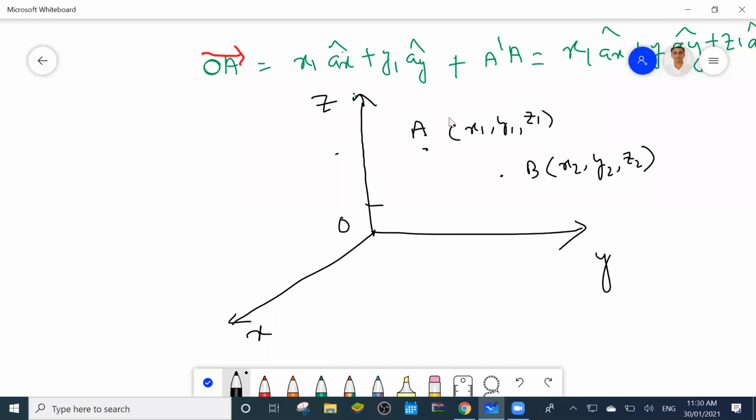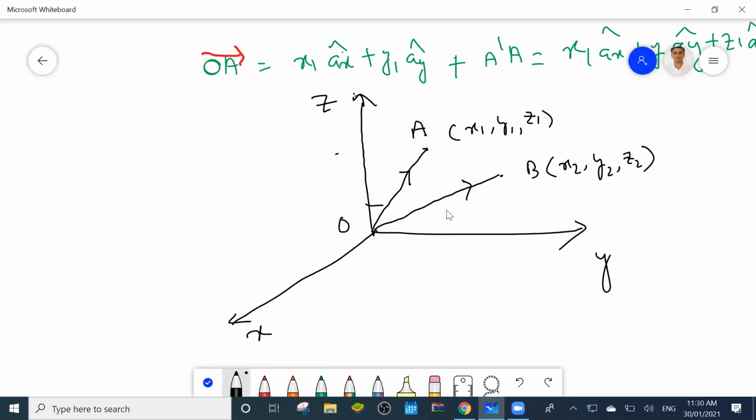If we know x1, y1, z1, you can find the position vector OA. Yes or no? Similarly, if you know the coordinates of point B, you can find the position vector OB.